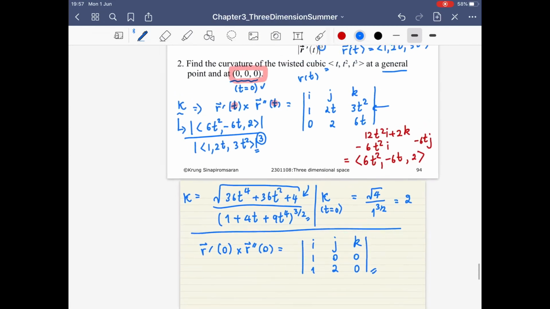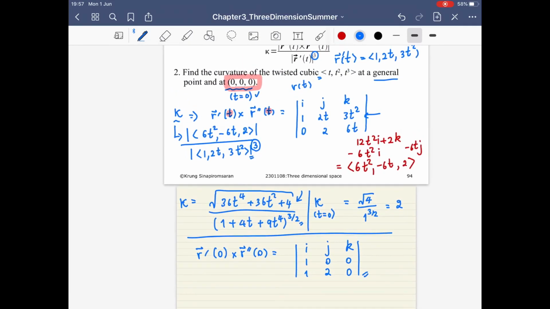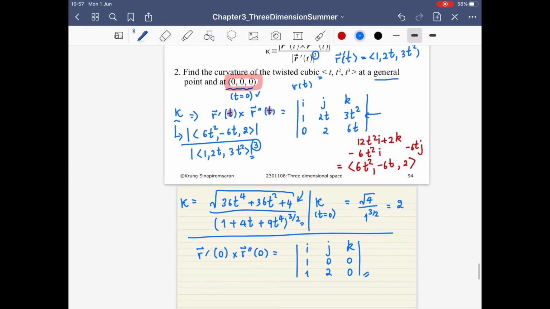So if you want to find the curvature at the particular point, you replace that particular point t first, then you find the cross product. That will be a lot better.